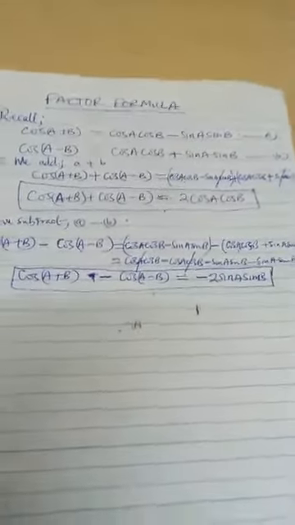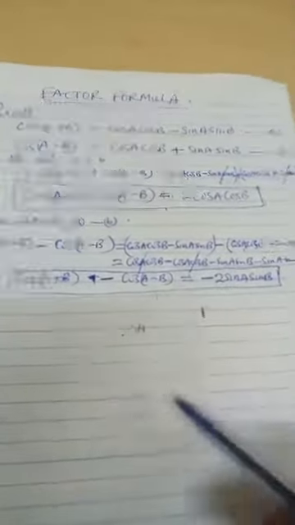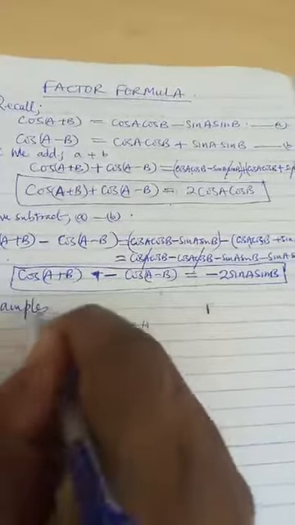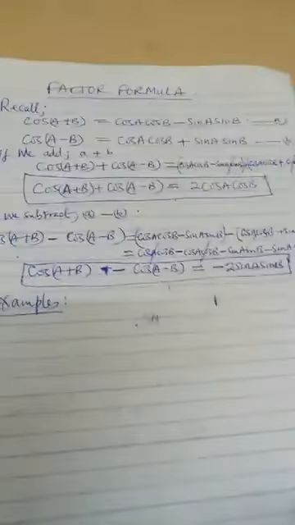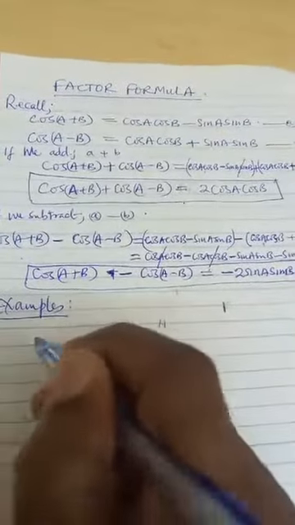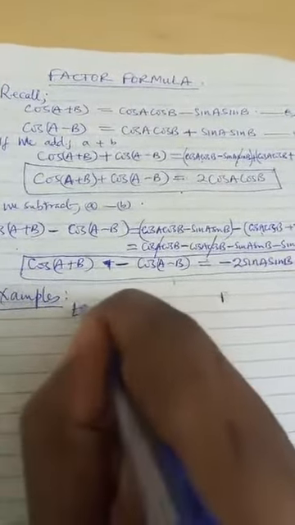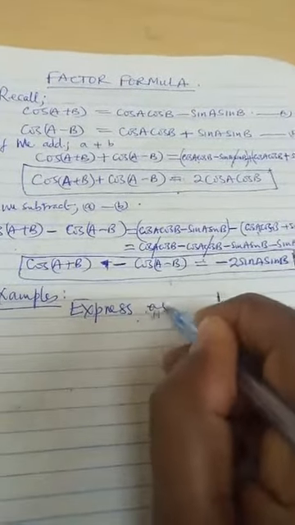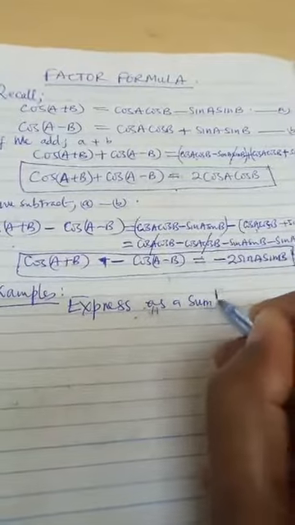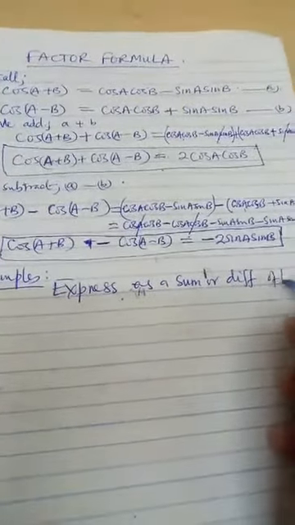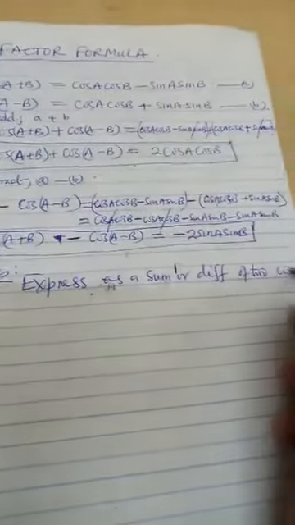And like I said, there are questions here. If you go to the textbook, there are examples. I'll simply pick out two. They are saying express as a sum or difference of 2 cosines.